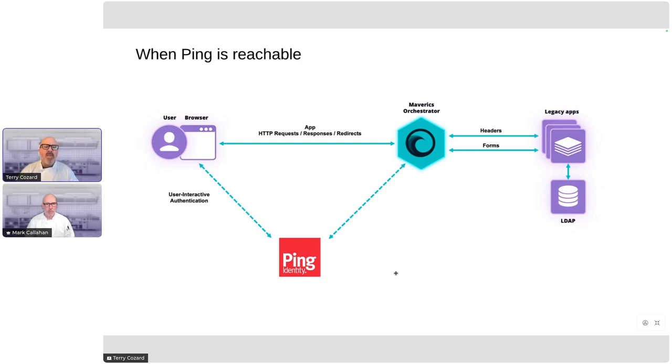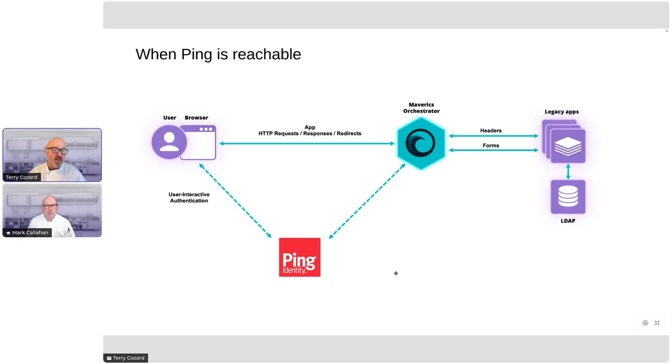Yeah, absolutely. In the upper left, a user is trying to traverse to an application. This diagram is showing legacy-based applications. The same thing exists for modern applications, things that support OIDC and SAML. But the idea is that along the user journey, when the user is trying to get to any given application, we'll defer to Ping and say, if we haven't seen you yet, we're going to ask Ping, is this indeed an authenticated, authorized user?